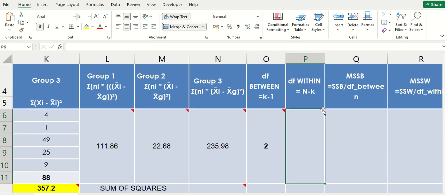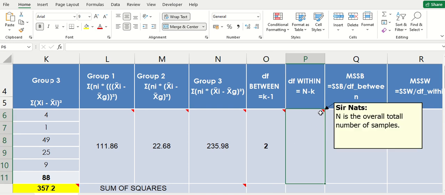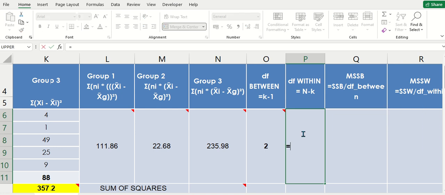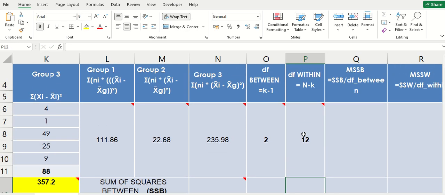Next, degree of freedom within. This will be the big N, the overall total number of samples. Since we have 5 each, then 3 groups, so 5 times 3, that will be 15. Then minus our 3 groups, you have 12.